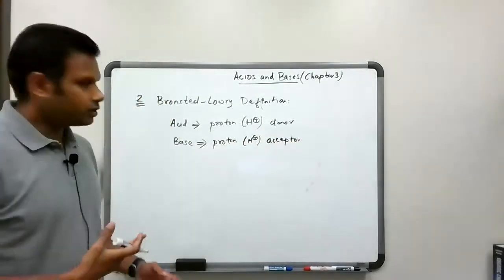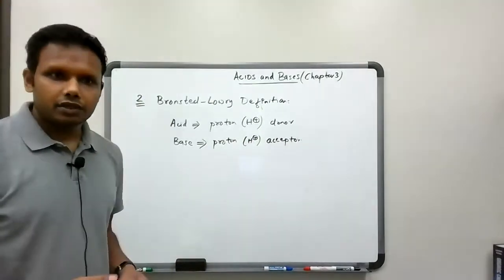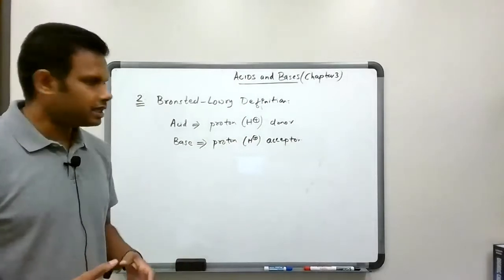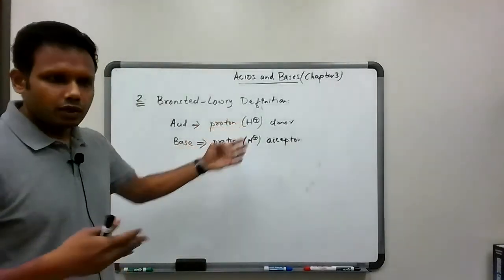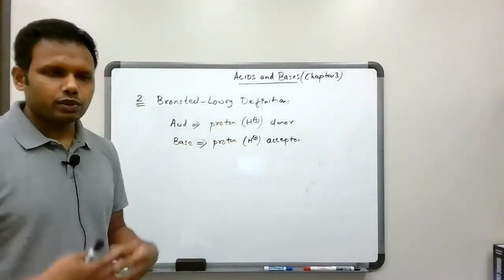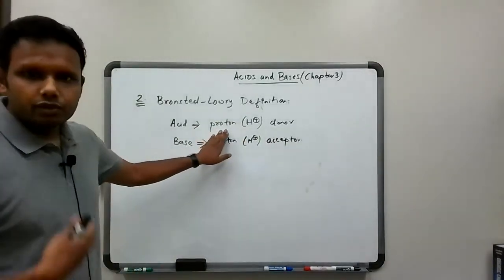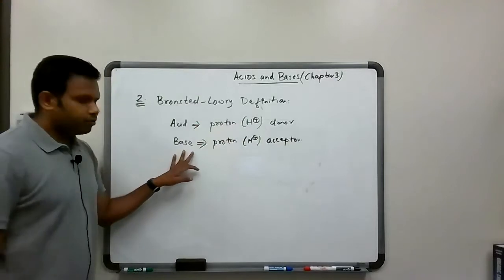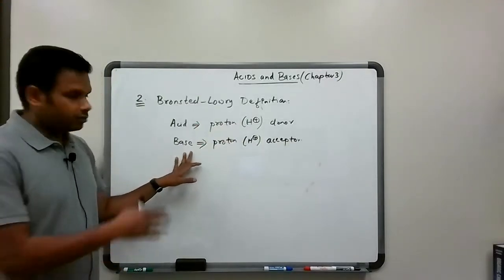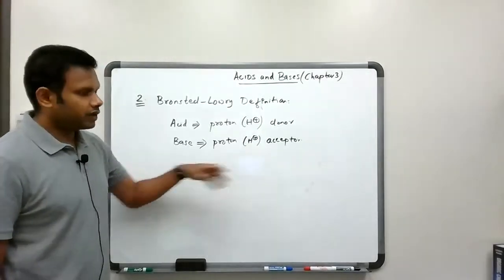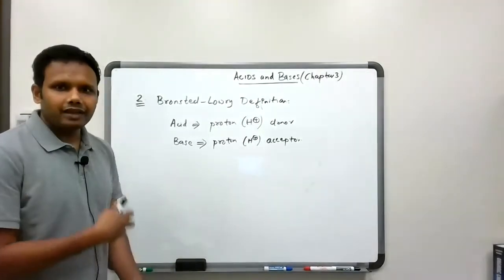So you notice how there is no dependence on the hydroxide. The definition of an acid pretty much remains the same. It is still related to being able to generate protons in solution, or being able to donate a proton. But the base is also defined based on the proton here. So it is defined as something that is a proton acceptor.